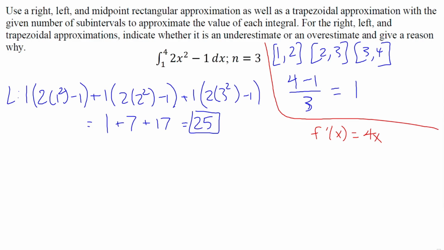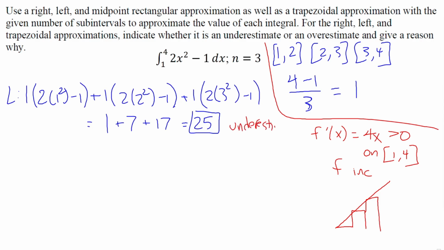And so we know that 4x is greater than 0 on the interval from 1 to 4, and therefore, the function is increasing. And if a function is increasing, then a left approximation will always be an underestimate, because we'll be drawing those rectangles underneath. And so our reasoning would be because the function is increasing on that interval.